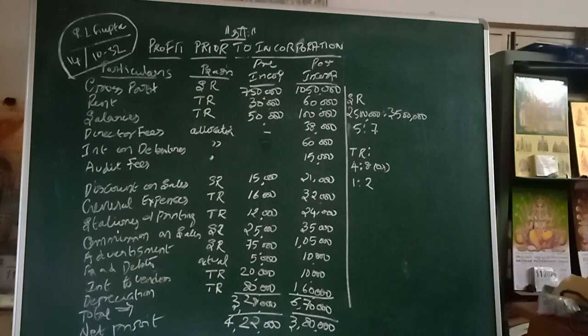Those expenses should be taken on the basis of time ratio, that is based on the period, or based on the sales. Accordingly we have to apportion. This is the full-fledged problem. It is qualified both as an essay type question and sometimes as a short type question for 5 marks. Try related problems.